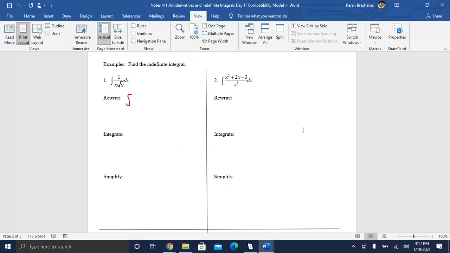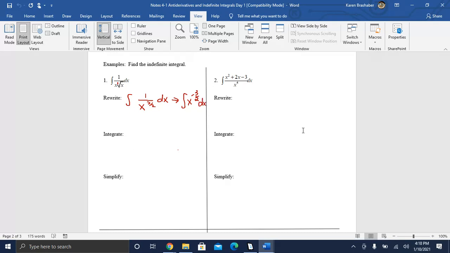You have x times the square root of x. So that would be 1 over, and then we could add those exponents up. So this is a 1 and a 1/2. That would be 3/2. And then we would need to get that out of the denominator. So one more rewrite, your final rewrite would be x to the negative 3/2 dx.